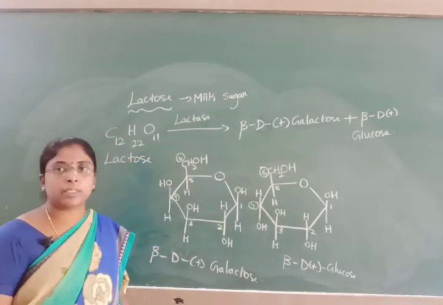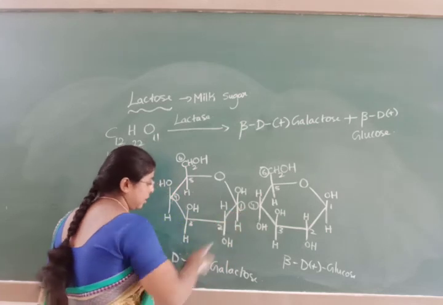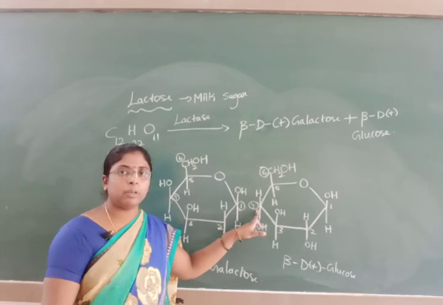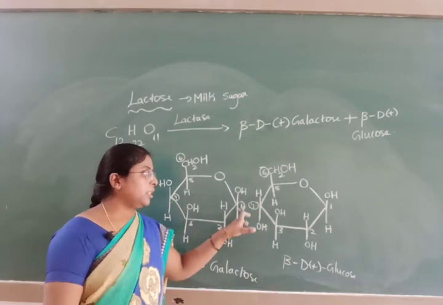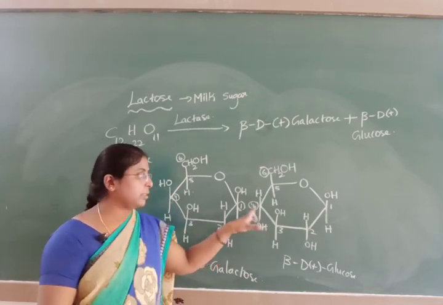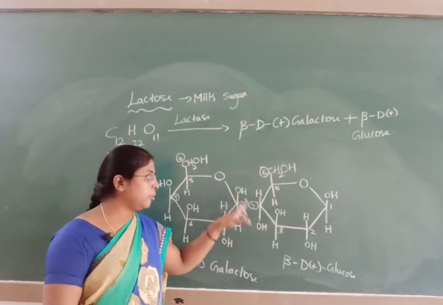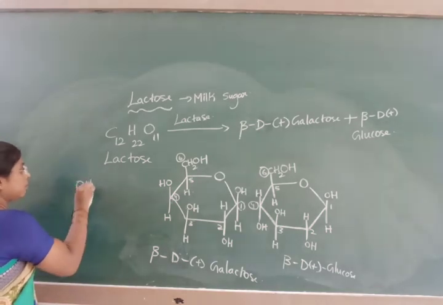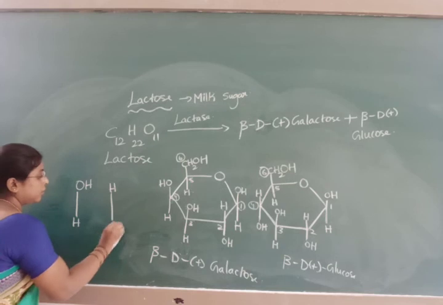Here the glycosidic linkage takes place between the C1 carbon atom of beta D galactose and the C4 carbon atom of beta D plus glucose. A C1 C4 beta glycosidic linkage takes place. Here if you see the OH groups, one is above and another is below, exactly opposite. One is HOH and another is HOH.